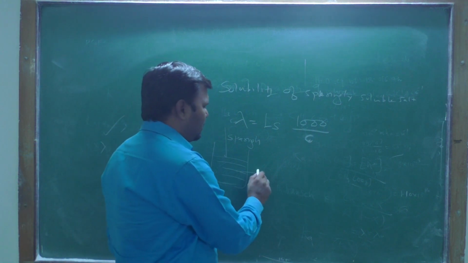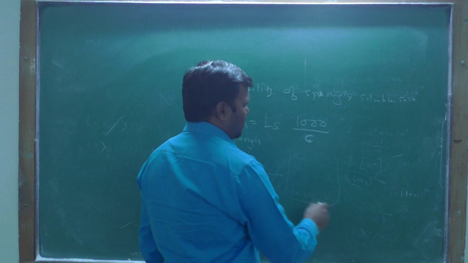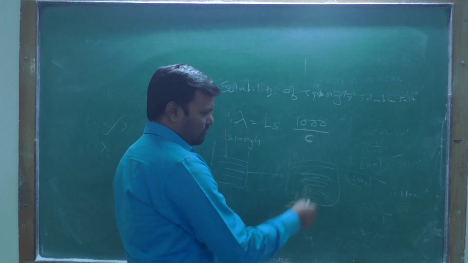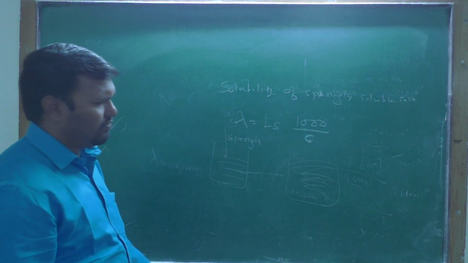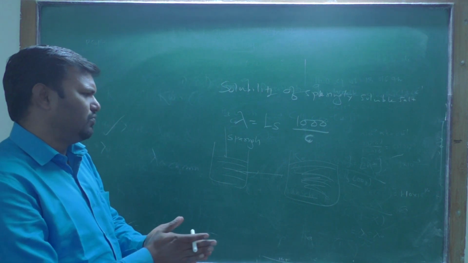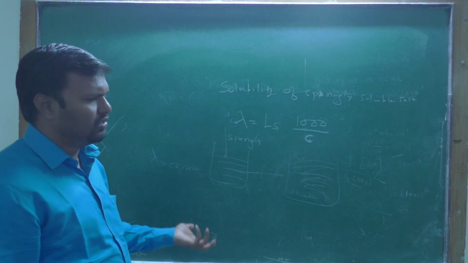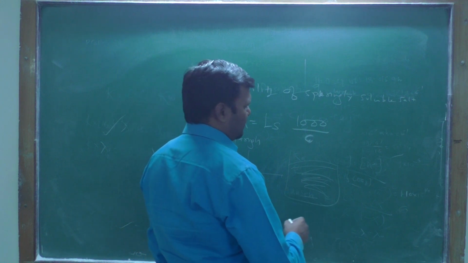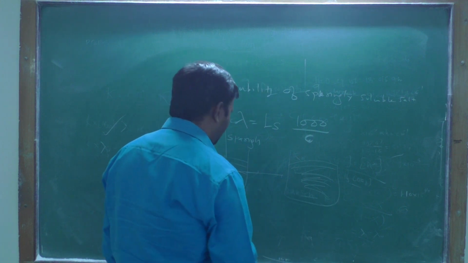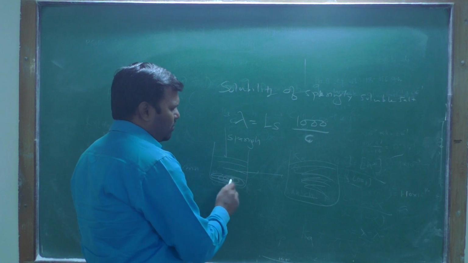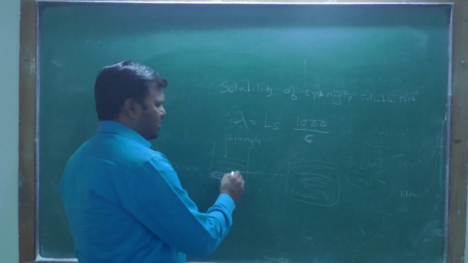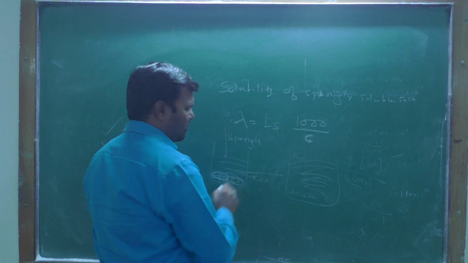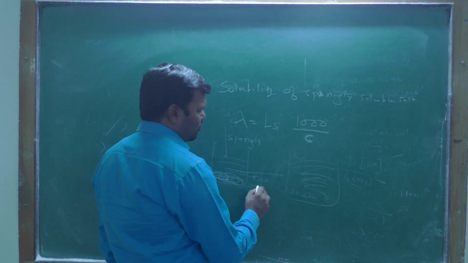You have to dilute it to dissolve it fully. After very large dilution with solvent, it gets dissolved. If you add a sparingly soluble salt to the solvent, some amount remains as it is and some amount is dissolved. The dissolved amount gives the concentration, so concentration is equal to solubility.